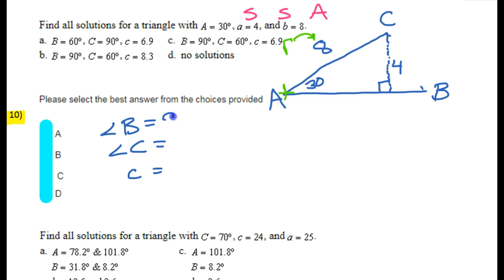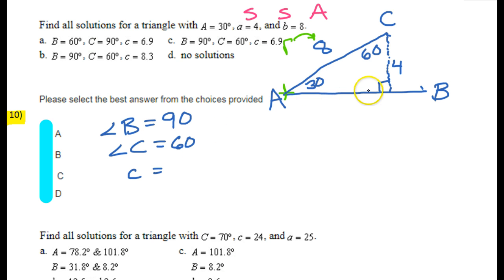So this has to be 90 degrees, and I'm not actually going to do the law of sines for that. Subtracting from 180, we know that angle C is going to be 60.